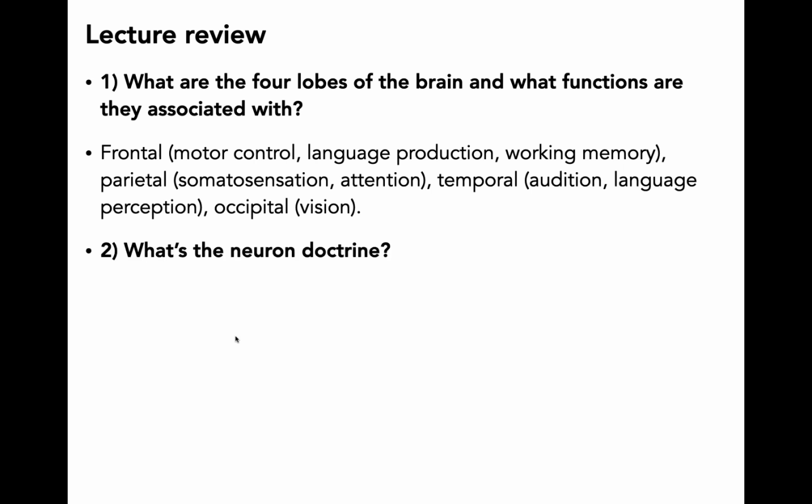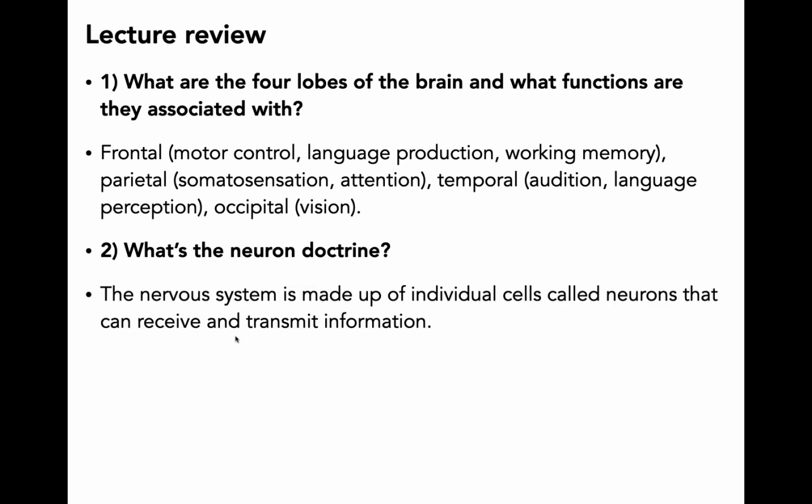What's the neuron doctrine? Question 2, what's the neuron doctrine? So the neuron doctrine simply states that the nervous system is made up of individual cells called neurons that can receive and transmit information. And again, maybe that seems super obvious, but in the 1800s, there were other hypotheses.